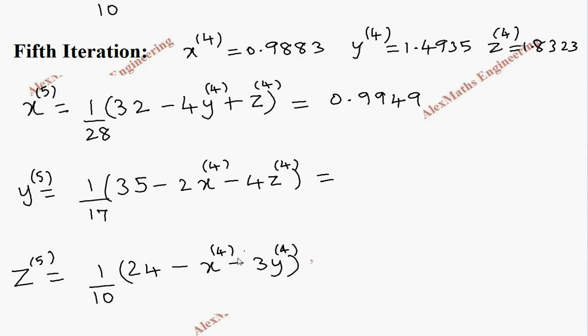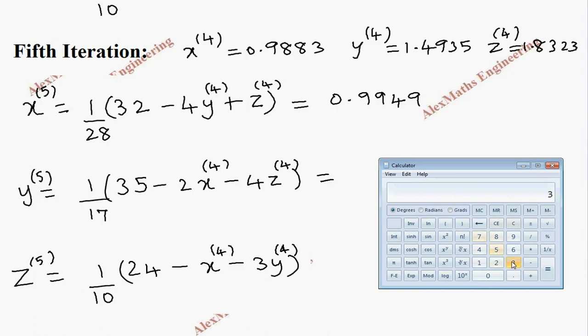Coming to y of 5, it is 35 minus 2 into x of 4, 0.9883, minus 4 into z of 4, 1.8323. This whole value divided by 17 gives 1.5114.